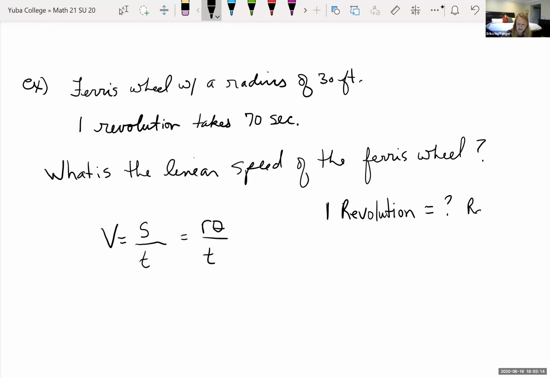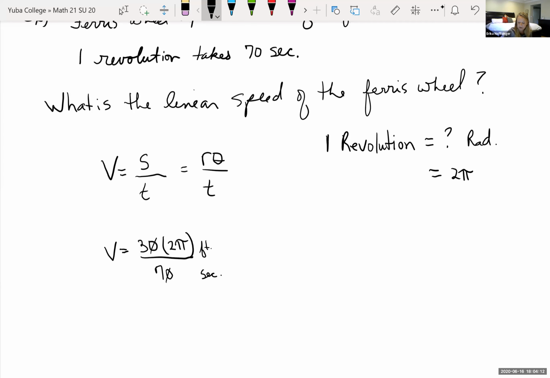And this is feet and seconds. I notice my 10 goes into both of those, and so I have 3 times 2 pi, so this is equal to 6 pi feet all over 7 seconds.